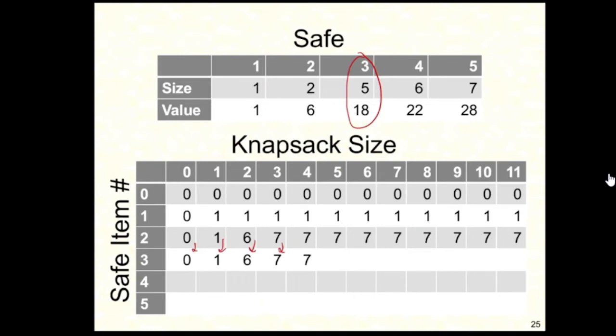All right, so now I'm working on column 5. So I can say, hey, I could either do that and add nothing, or I could go back 5 columns and add what? 18, the value of this item. So I pick what's better, 7 plus nothing or 0 plus 18.